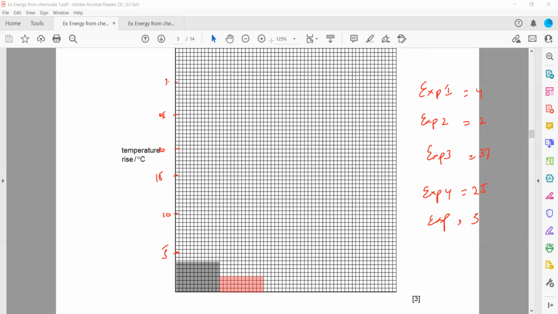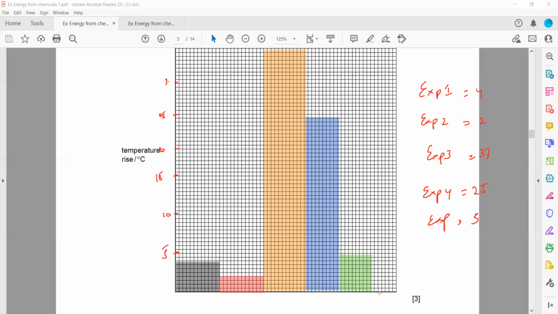Then experiment 3 is 37. Then experiment 4 is 25. Then experiment 5 is 5.